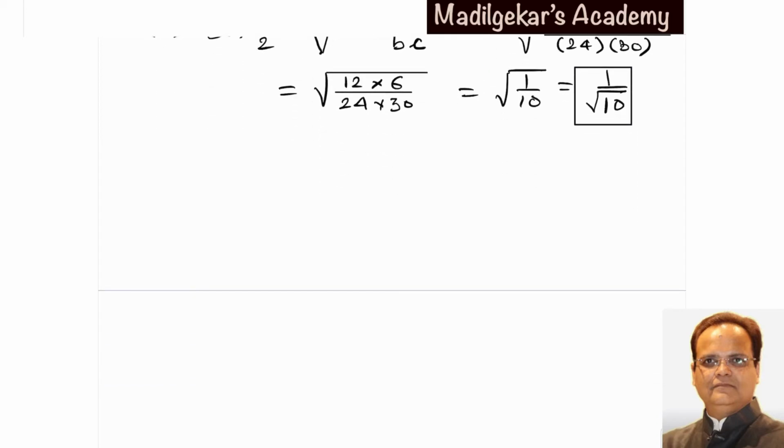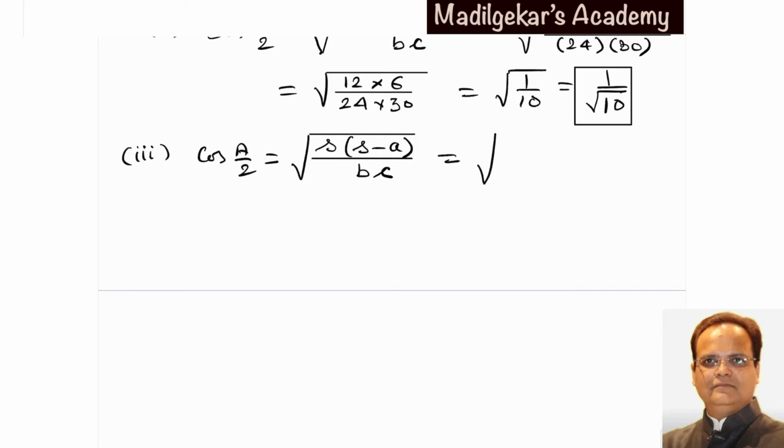Next is to find cos A by 2. It is given by square root of s(s minus a) upon bc.